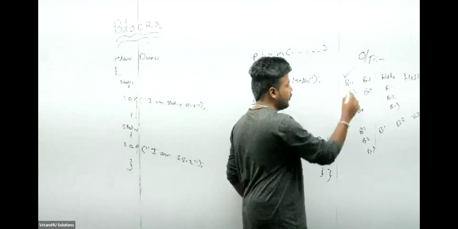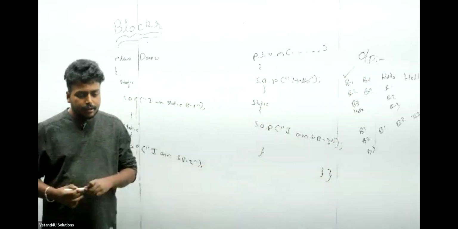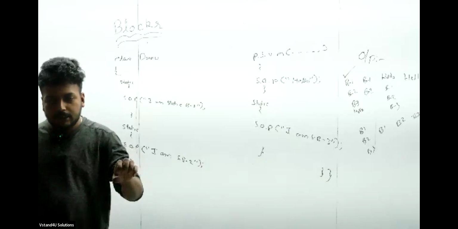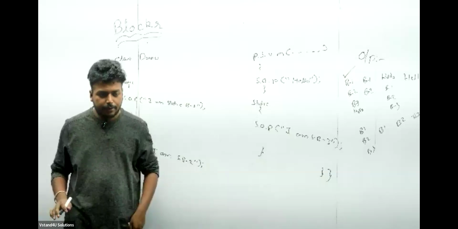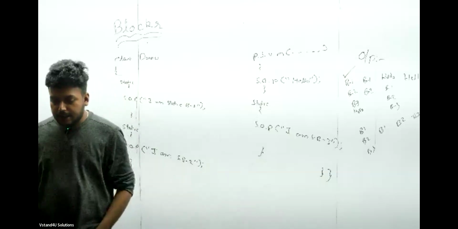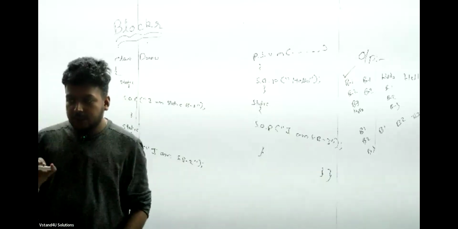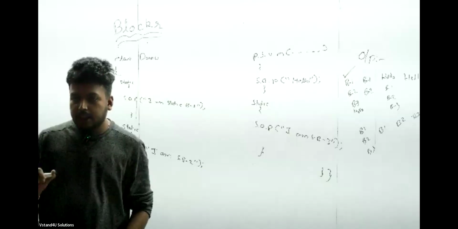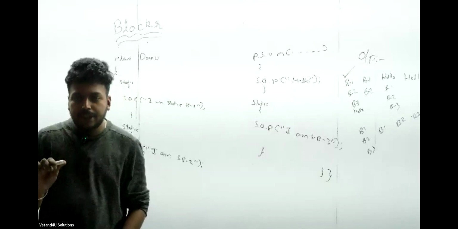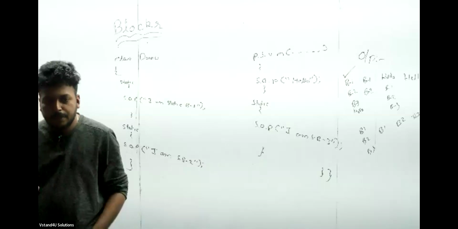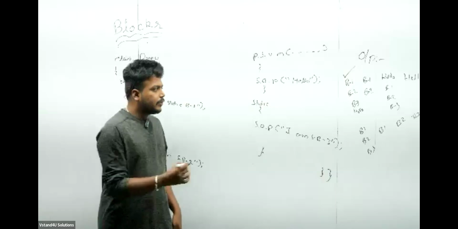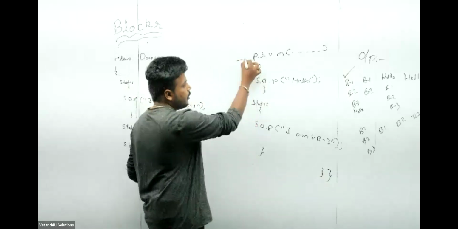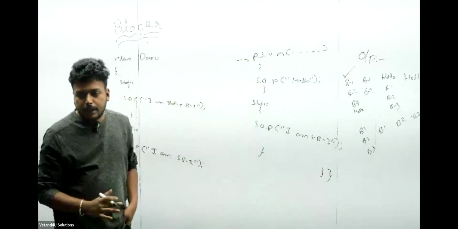Why? There is a component called the class loader in the JRE. I will be teaching the complete JVM architecture today. The class loader loads every static block before the main method. Always the program starts from the main method, right? The entry point of Java is the main method.